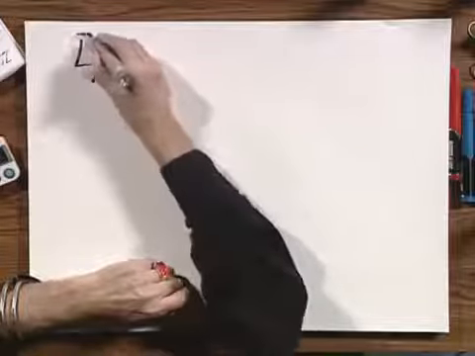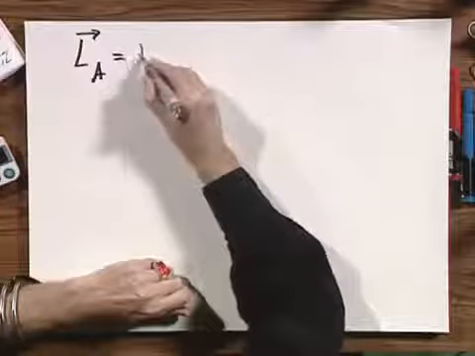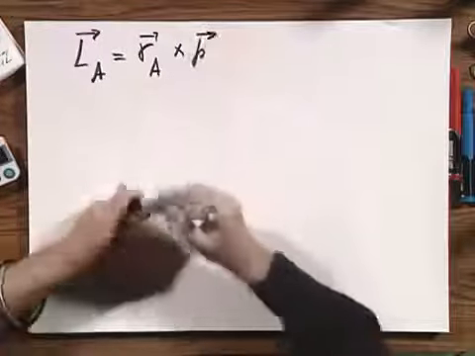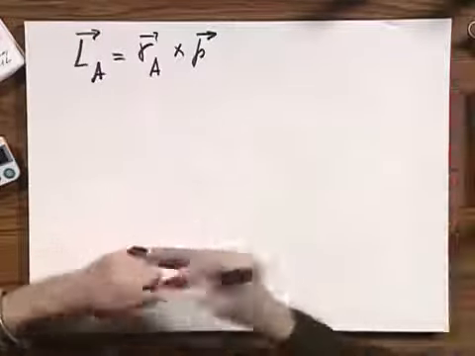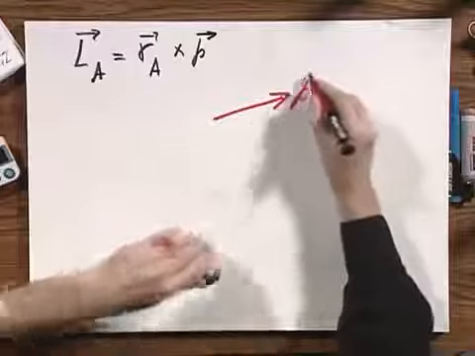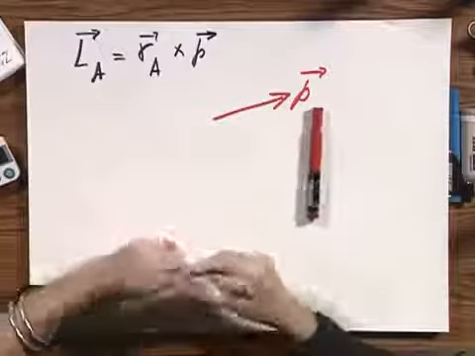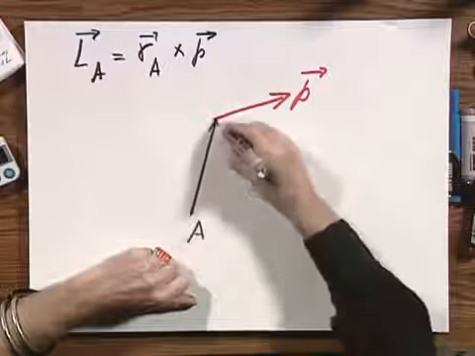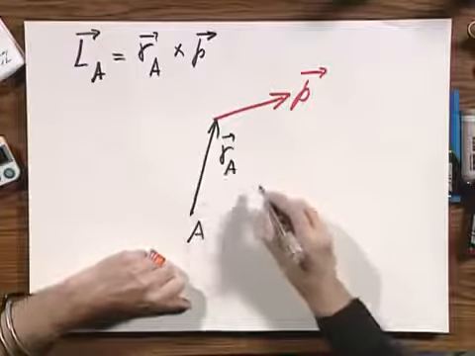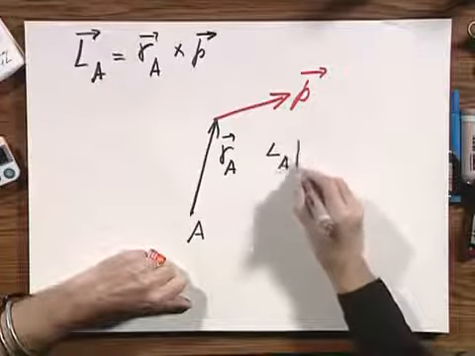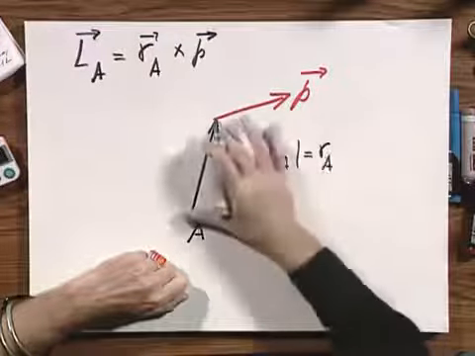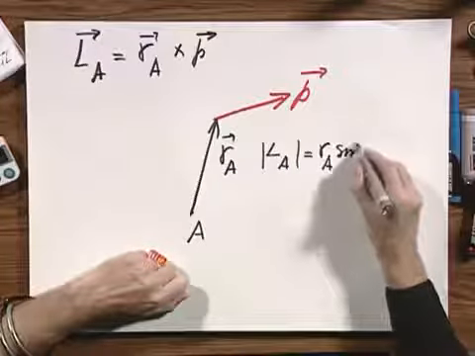Let me review briefly the meaning of angular momentum relative to a point A. It is the position vector relative to that point A cross P. Therefore, if I have a certain momentum, P, here it is, and I have here a point A, so that this is the position vector R of A, then the magnitude of the angular momentum relative to point A equals RA, that is the length of the vector, times the sine of theta.